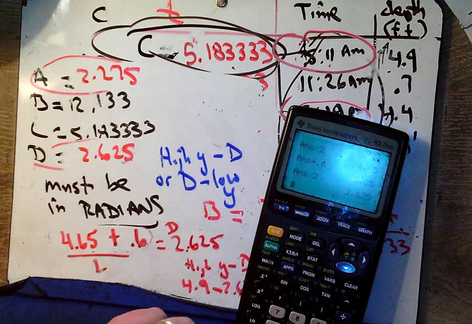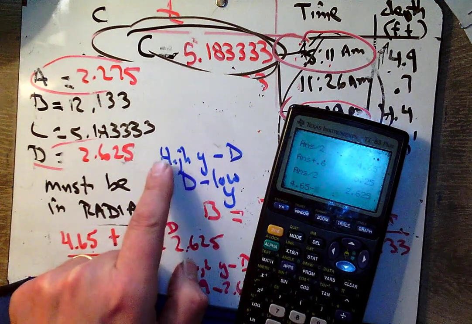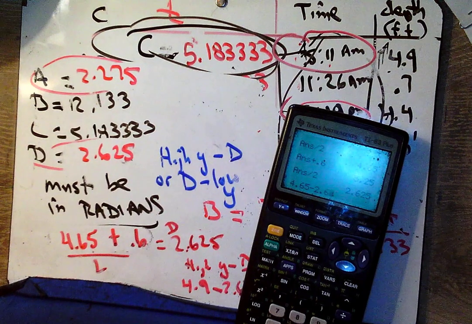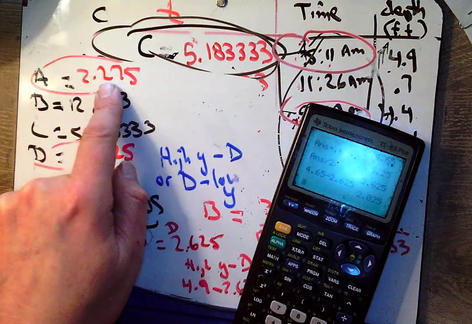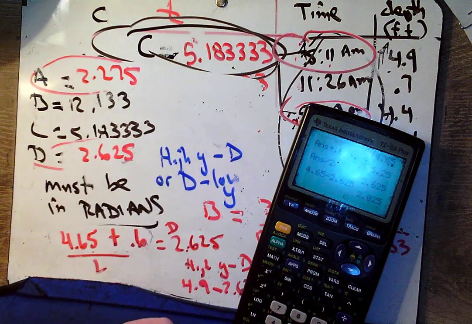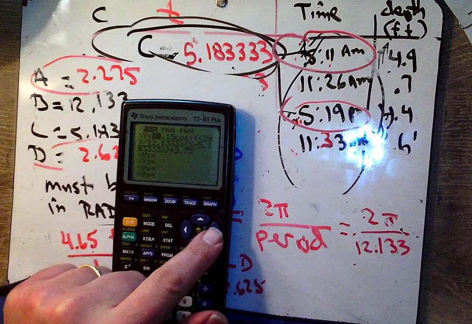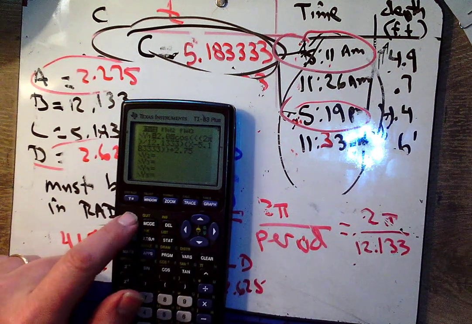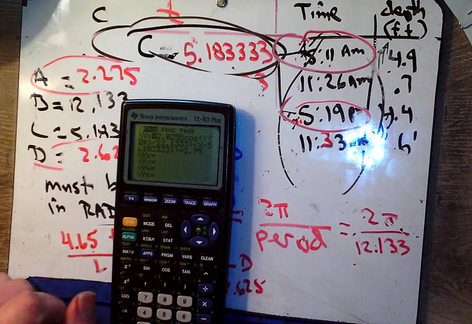So 4.65 minus our D value, 2.625. Yeah, I got 2.025, not bad. Huh, interesting. Well, let's try that. 2.025 for our A value.